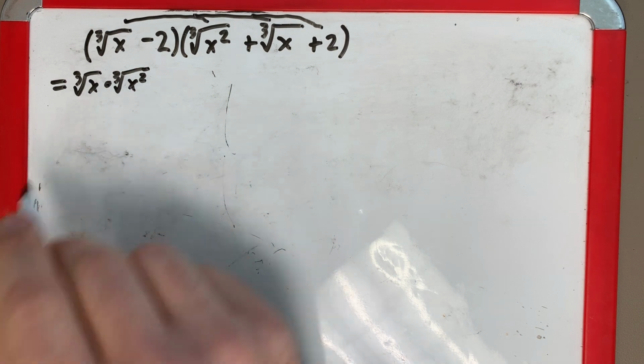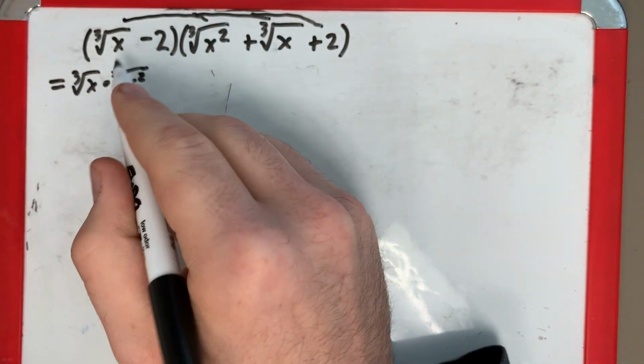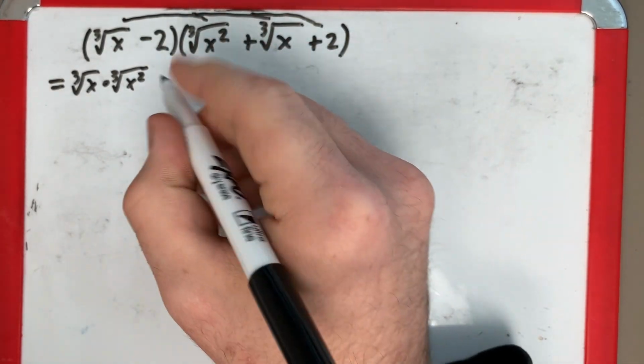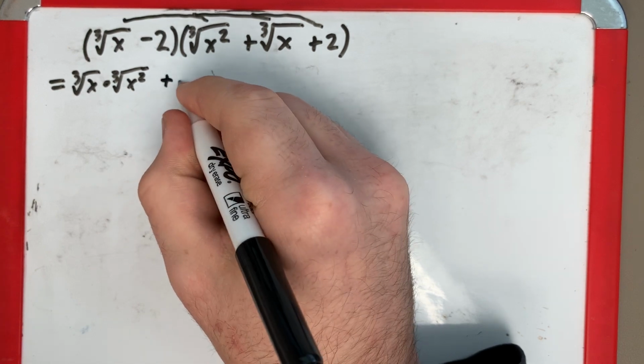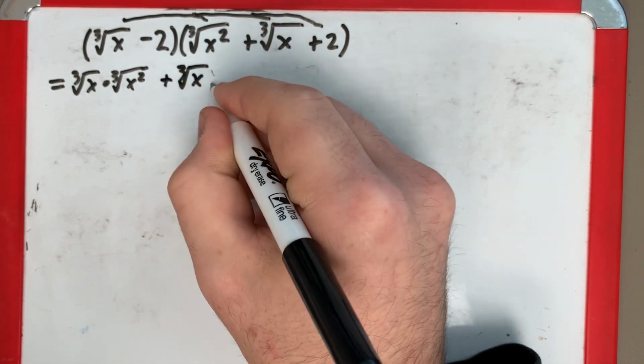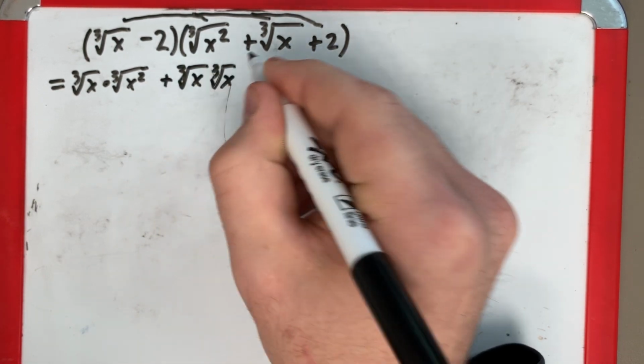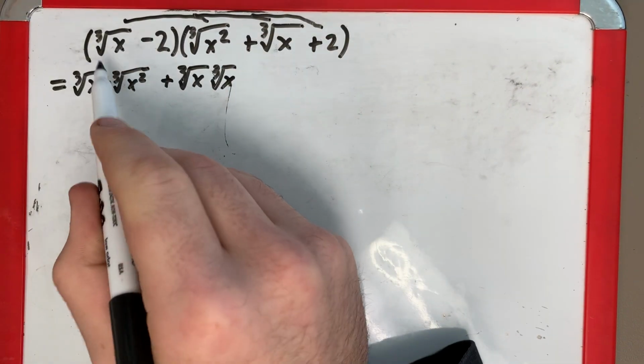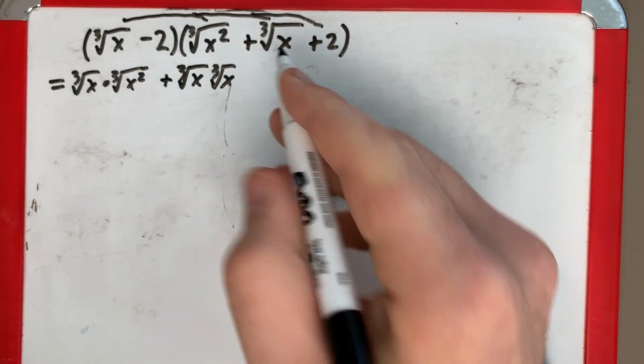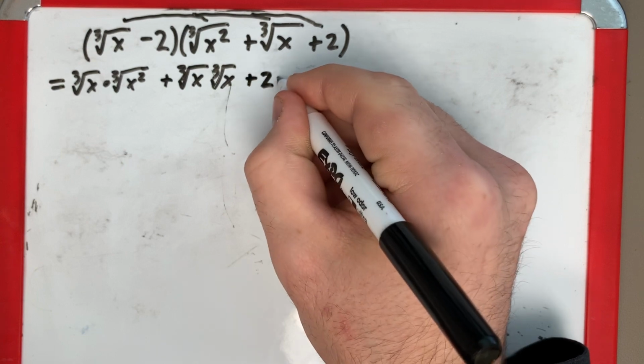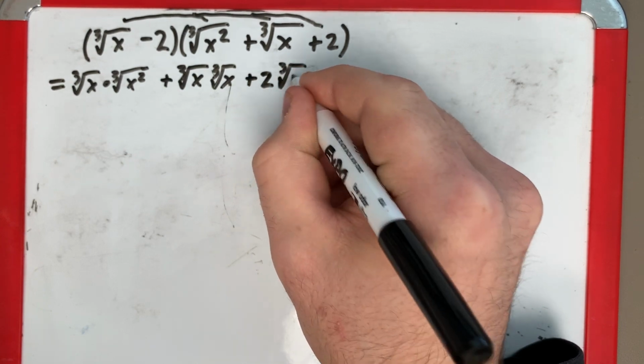So I can already see some cancellation about to happen here. Then we have cube root of x times cube root of x, so we get plus cube root of x times cube root of x, plus cube root of x times 2, so it gives us 2 cube root of x.